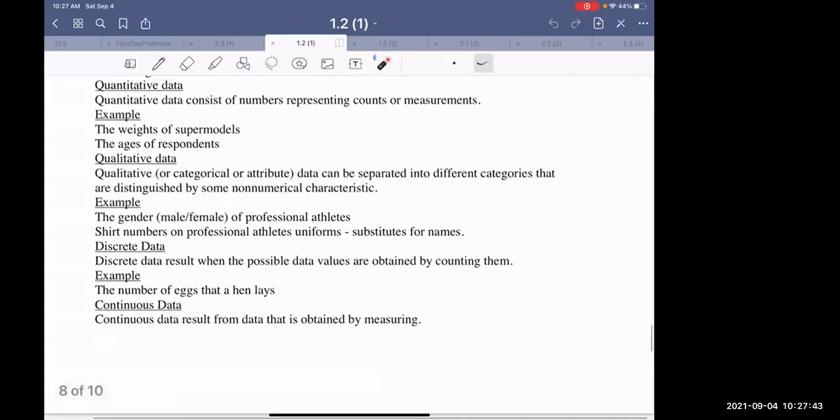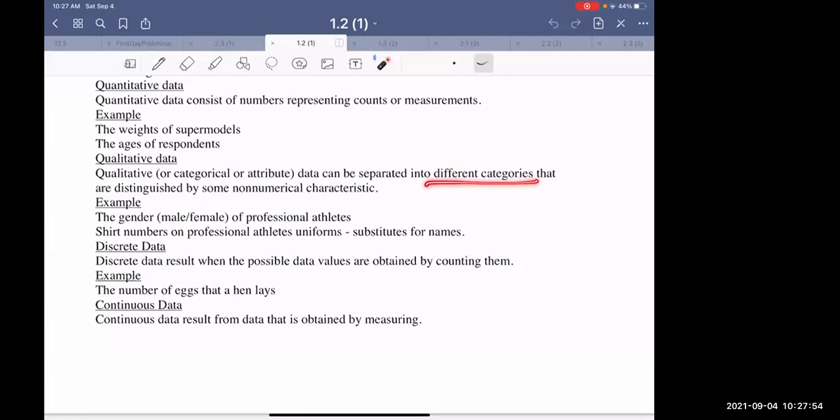Qualitative data, sometimes called categorical or attribute data, is data that can be separated into different categories that are distinguished by some non-numerical characteristic. So quantitative data is numerical in nature. Qualitative data is non-numerical in nature.